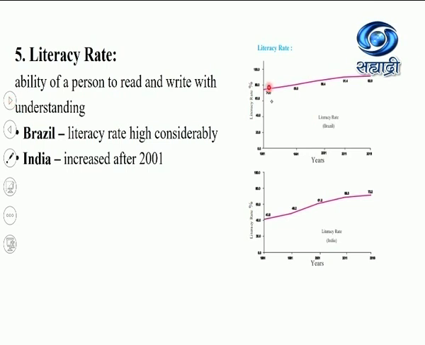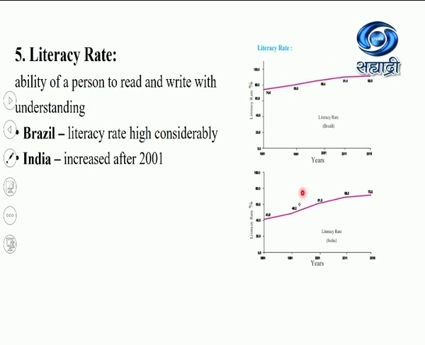In Brazil, we can see the literacy rate is quite high. It was 92% in 2016, while in India it is still low compared to the population. The literacy rate is still low in India, which is just 72.2% according to 2016. This has definitely increased after 2001.